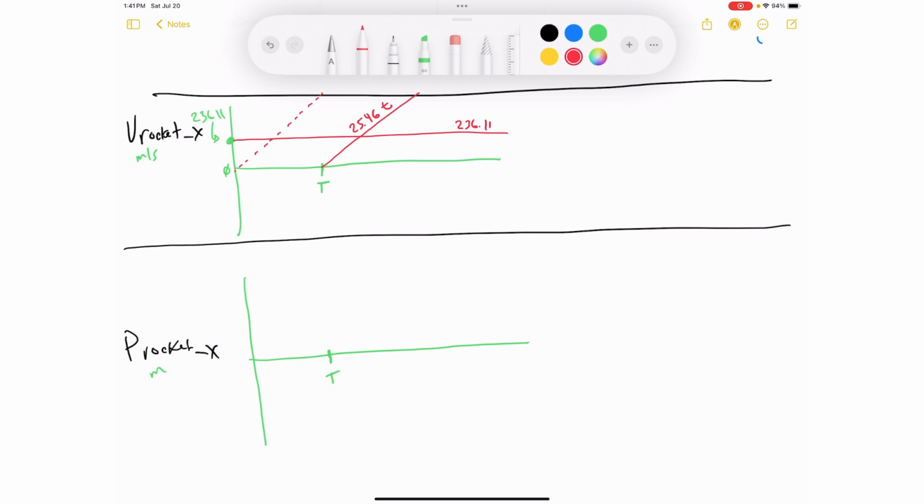So I would like to take this function that is over on the left, and I want to move it this way, to the right. How can you do that?